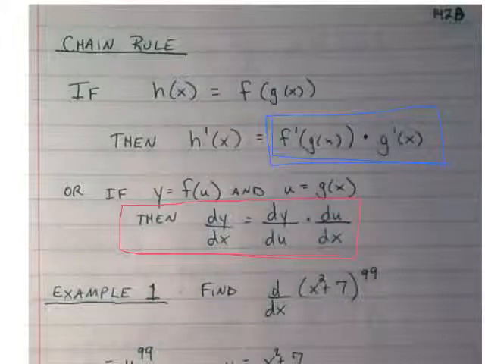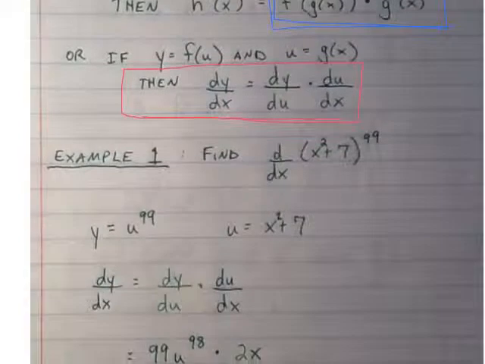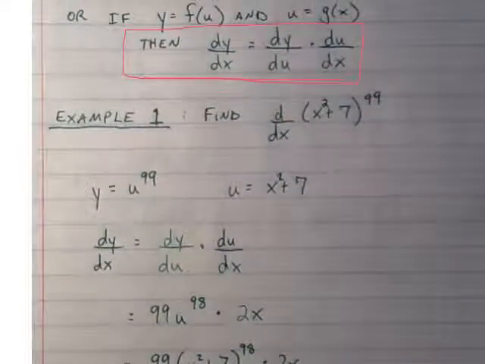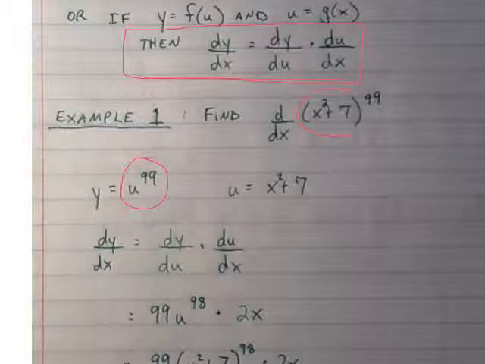So returning to that problem where we had (x squared plus 7) to the 99th, if we want to take the derivative of that, here I show you with Leibniz's notation, the outside was u to the 99th, and the inside was, in terms of x, x squared plus 7.